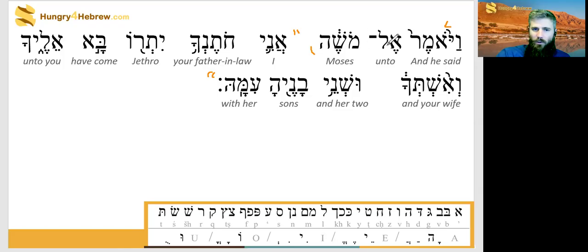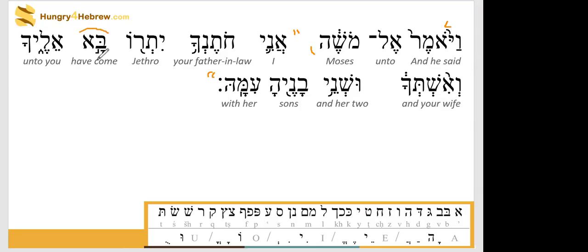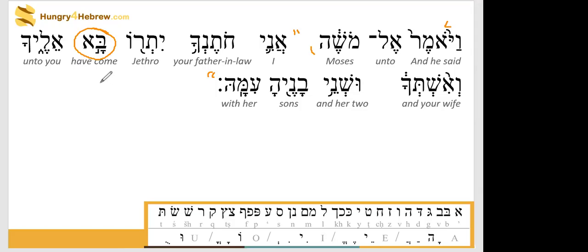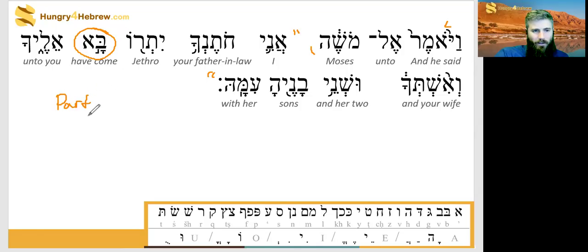Does Moses not know who his father-in-law is? And he said to Moses, I am your father-in-law, Jethro. Is this a katal verb or a participle? Is it a participle? Coming, coming to you. How would you defend that it is a participle and not a katal verb?